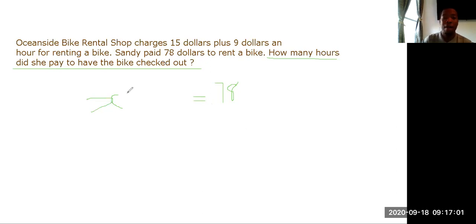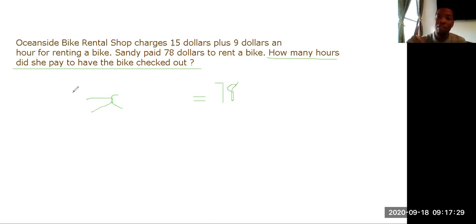And it says $9 an hour. If I'm going to do $9 an hour, I have to do 9 times x, because it's 9 times however many hours. For example, when you're having a birthday party and you have to rent tables, they might say you could rent the table for $2 an hour.